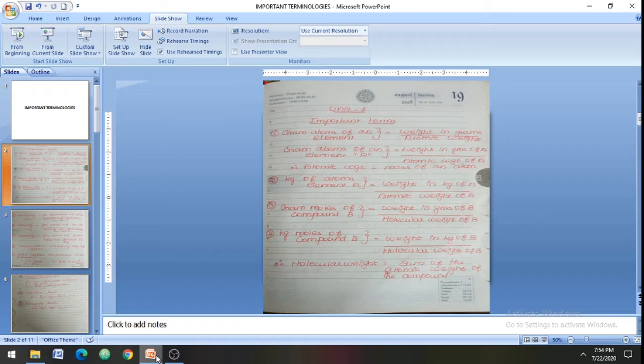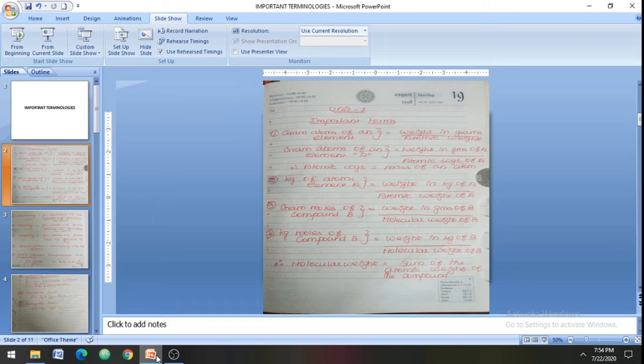In this case, consider the example B. Gram moles of compound B is equal to weight in grams of B divided by molecular weight of B. Next one, kg moles of compound B is equal to weight in kg of B divided by molecular weight of B. What is molecular weight? Molecular weight is nothing but the sum of the atomic weights of the compound.